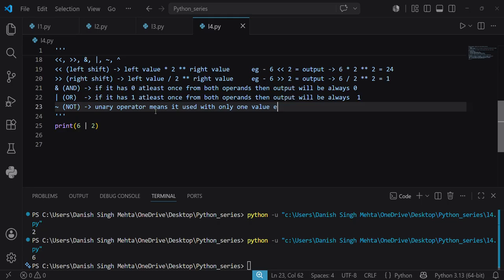Example: NOT of 6. So what will be its output?